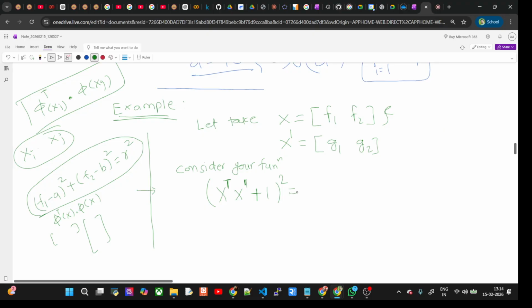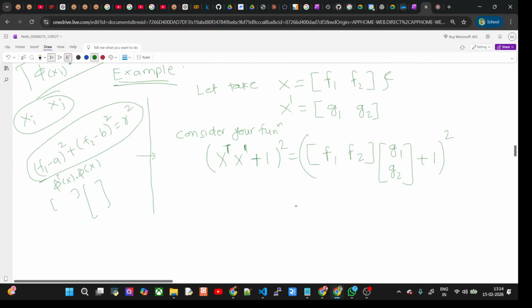So x transpose and x prime are the values we already have here: f1 f2 and g1 g2, plus 1 whole square. So this is f1 g1 plus f2 g2, I'm just doing the dot product here, plus 1 whole square.